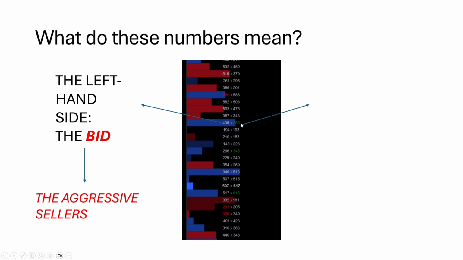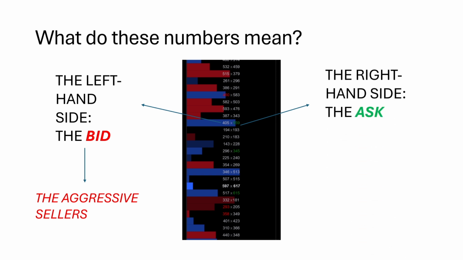So let's say this is ES at 6,700. At the time of recording, I think we're pretty close to 6,700 on ES. At this time, let's say 10 a.m. Eastern, there were 105 sellers at this price. Now, that is the left number. The left number is the aggressive sell orders.